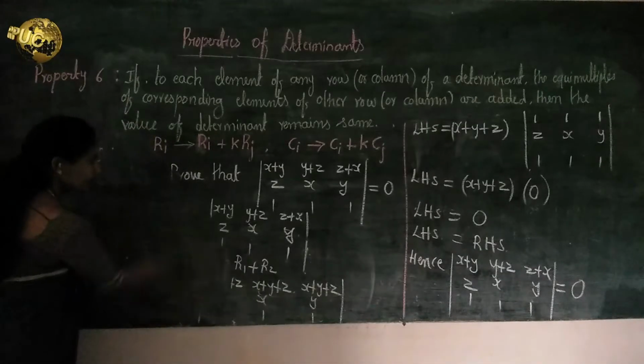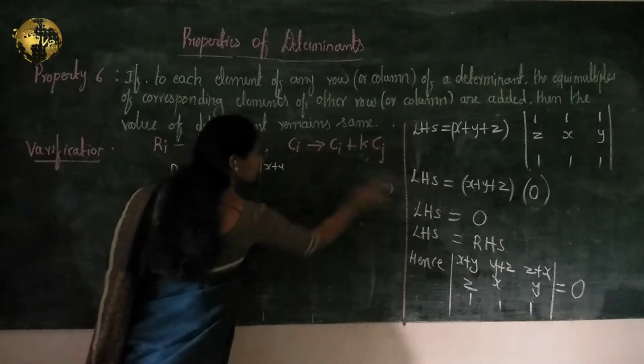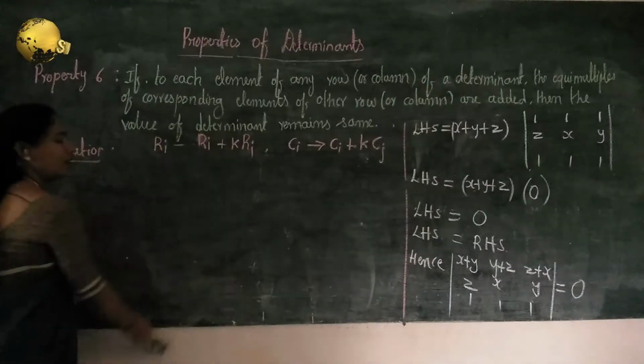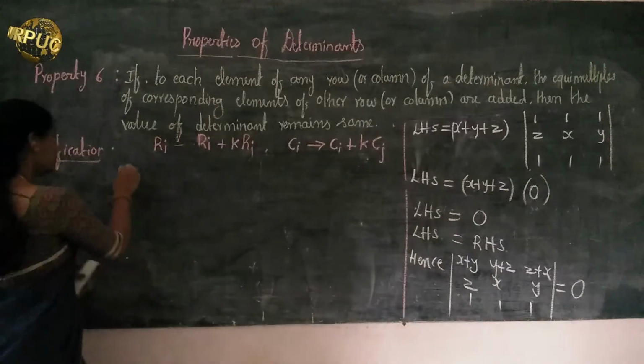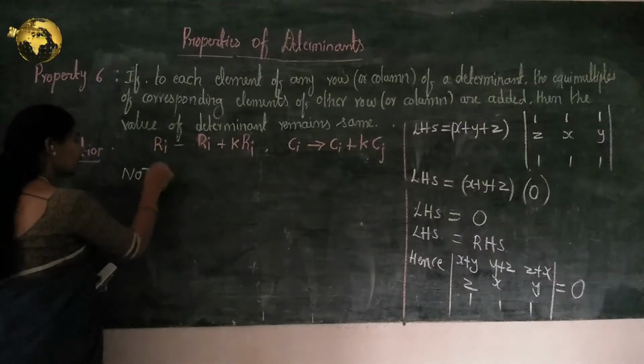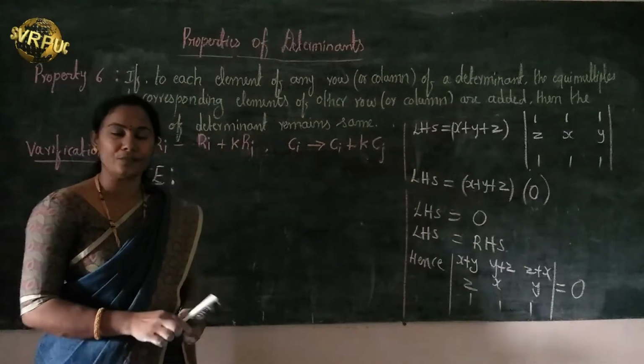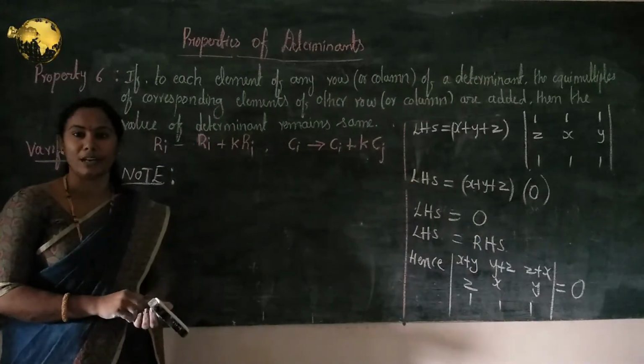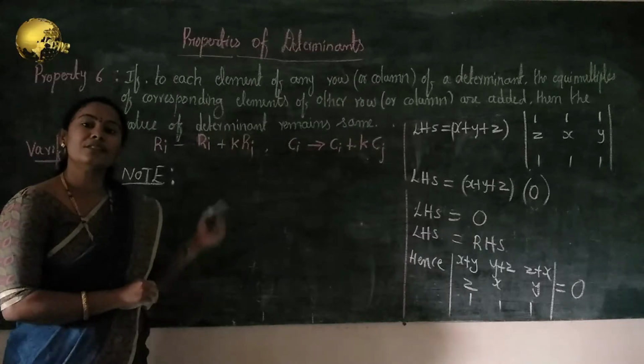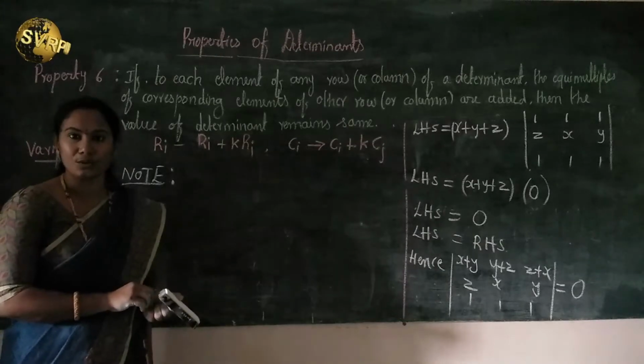Another thing we have to note down here. If any one row or any one column is 0 in the determinant, then the value of such a determinant is equal to 0.